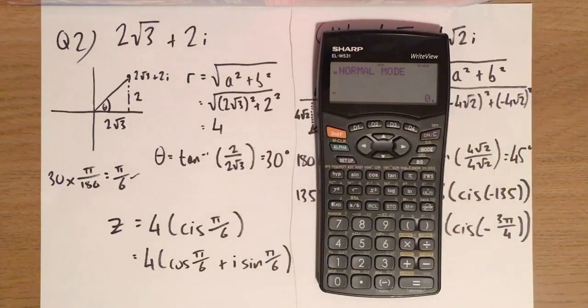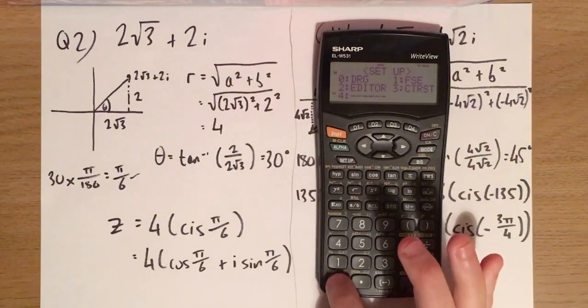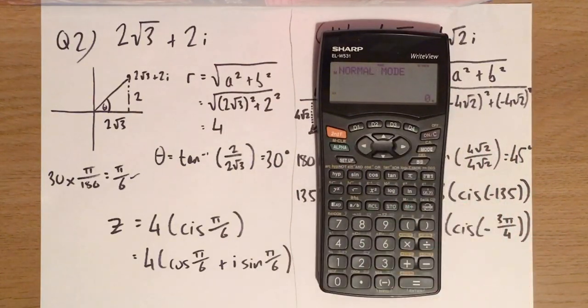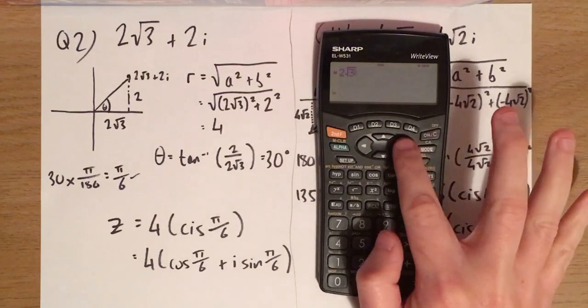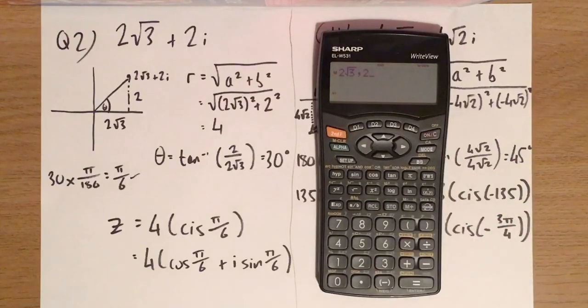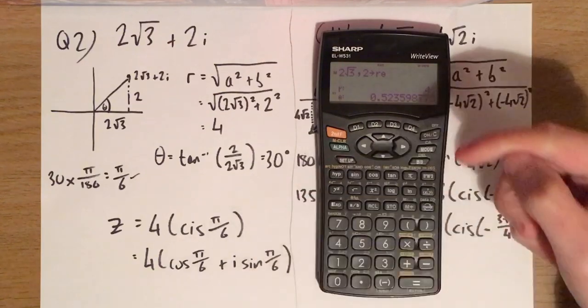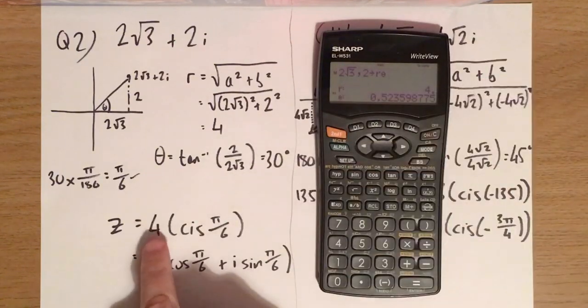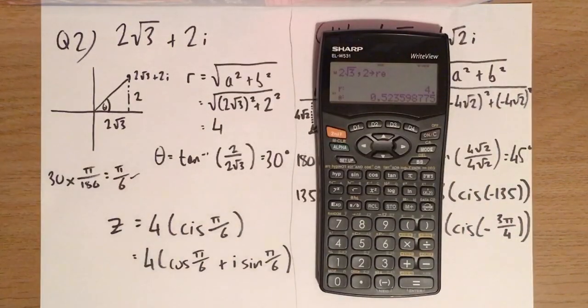We can also do it in radians mode from the start, and this is where the strange little thing comes up. So set up 0, 1 to go into radians mode. Just 2 root 3 xy 2 again, second function 8, and we see that it gives me the modulus of 4 that I'm expecting, but instead of giving me pi over 6, it gives it to me in decimal form, just like we saw with the modulus when it would sometimes give it to me in decimal form when I wanted it as a surd.